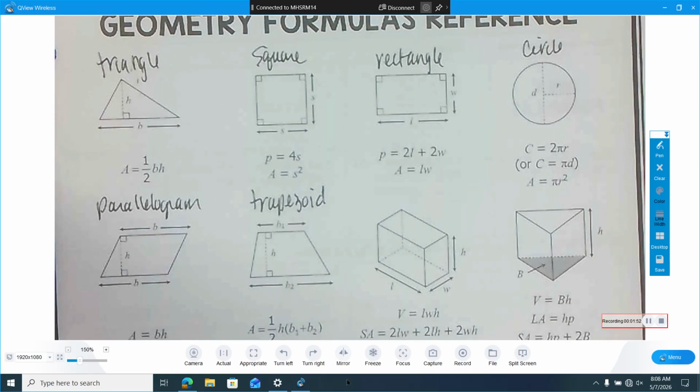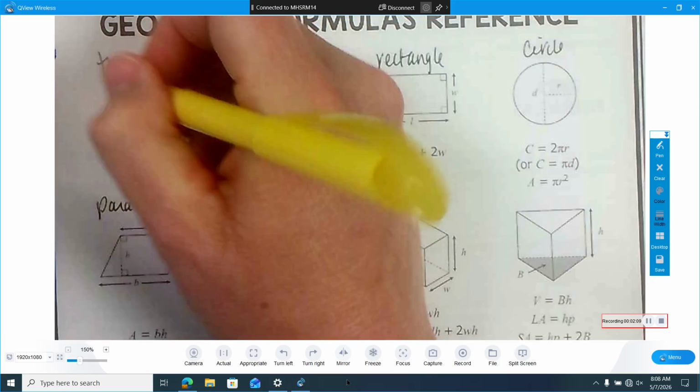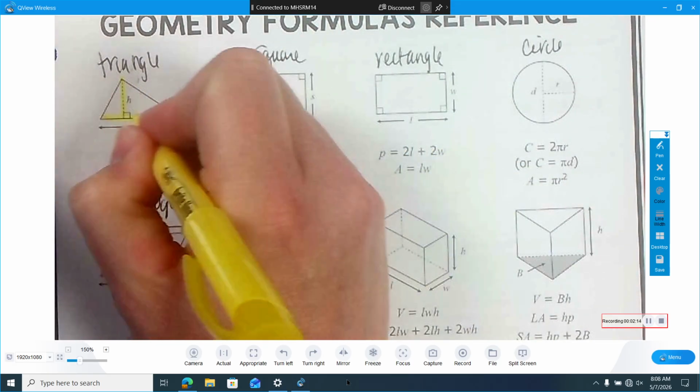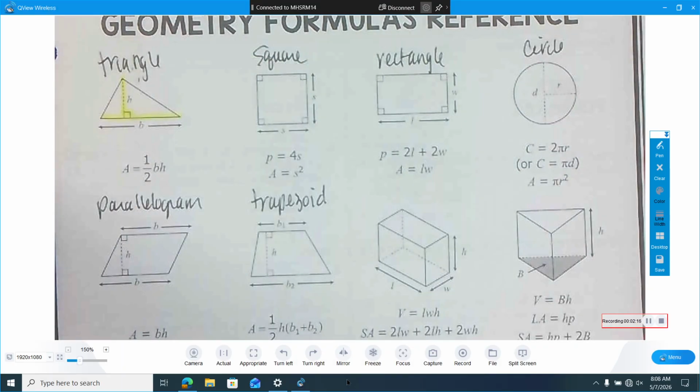What is really important to understand with these formulas is the H and the B. B stands for base and H stands for height. But a base does not always mean it's on the bottom. Base and height are defined as perpendicular measurements. How do we know they're perpendicular?